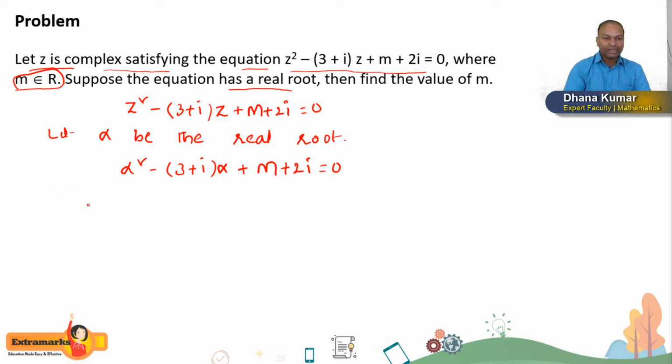Now you see here, implies alpha square. First I am writing the real part, alpha square. Next here minus 3 into alpha. Minus 3 into alpha is minus 3 alpha. Next here real part is what? M.